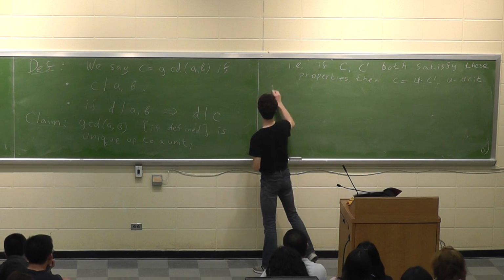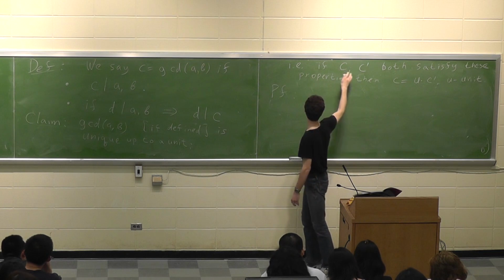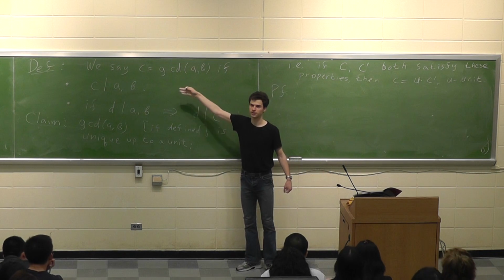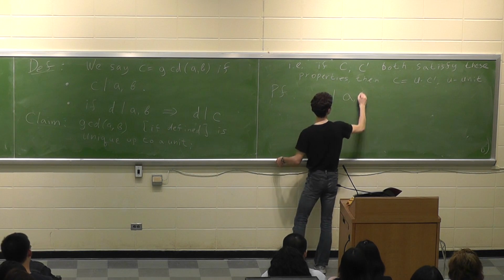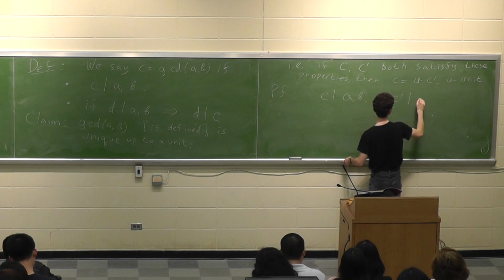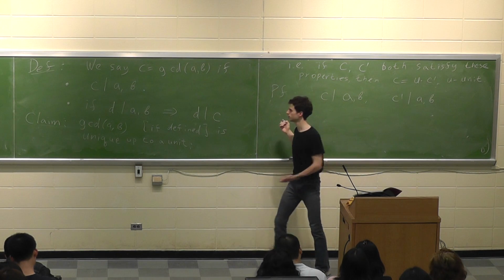So the proof is really simple. If both C and C prime are such things, then first of all, C divides A and B, and C prime divides A and B, they are divisors.